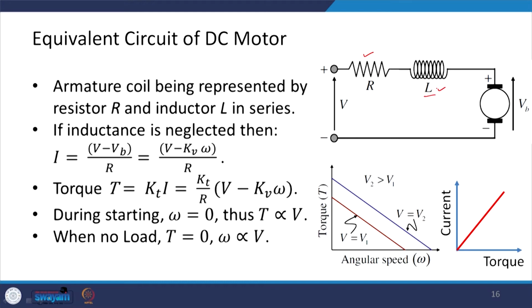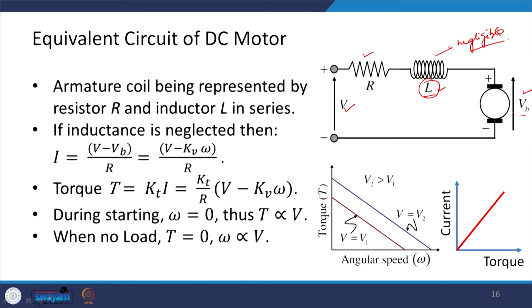You have a motor here, where VB is the back EMF and V is the voltage supplied. Now, to simplify the analysis, let us assume that this L is negligible. If L is negligible, then what are the voltages here?